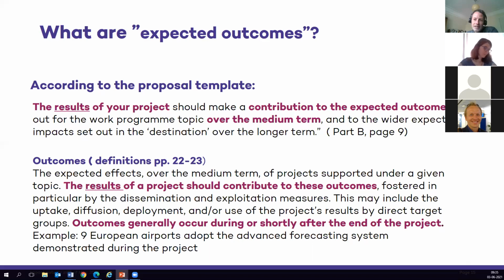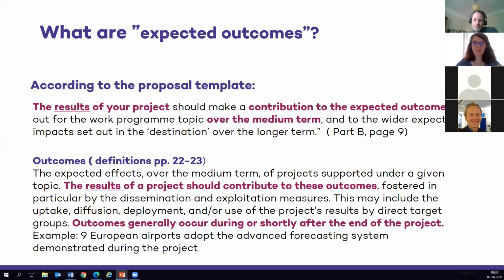If you have had experience with the previous framework program, Horizon 2020, you will know that as an applicant, you would have to describe in your proposal how you would deliver on expected impacts, and they were defined at the topic level. Now, this is no longer the case. Expected impacts are at the chapter level, the destination level, and then you have these expected outcomes at the topic level.